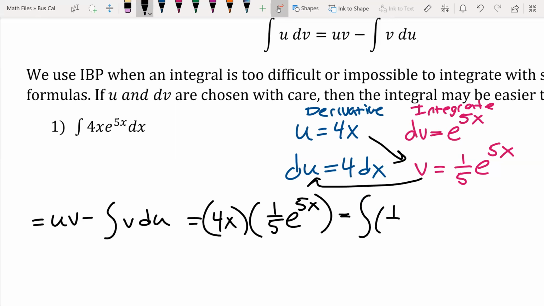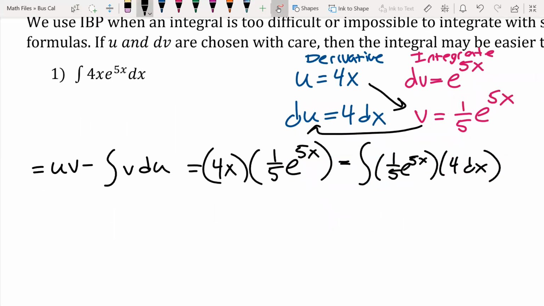So that is 1/5 e to the 5x, and du is 4 dx. There we go. 1/5 e to the 5x times 4 dx. Okay, there we go. We have followed the integration by parts formula.